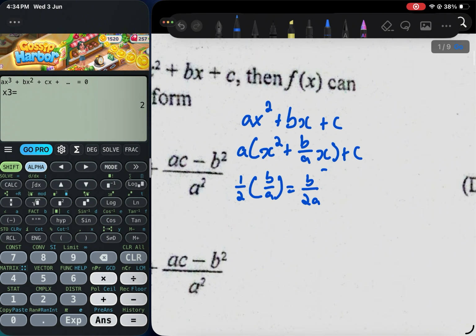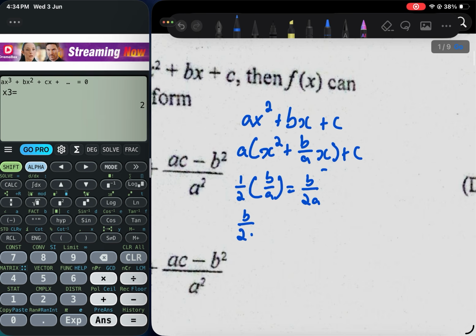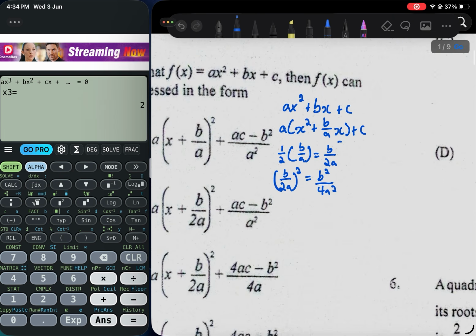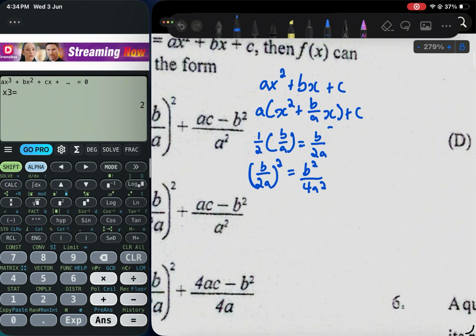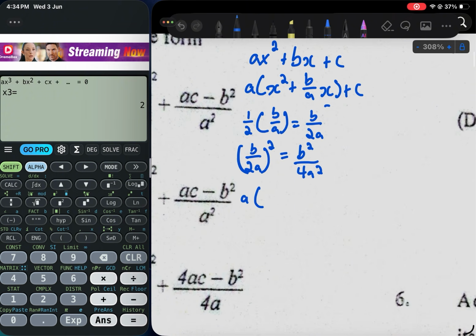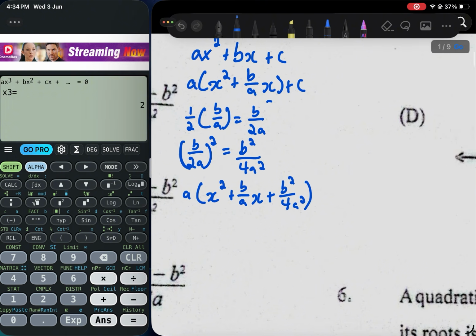And now we have to square that result. So once we square b over 2a, we'd get b squared over 4a squared. And now we're going to plug this result into the bracket. So a, x squared plus b over a x plus b squared over 4a squared, plus c.